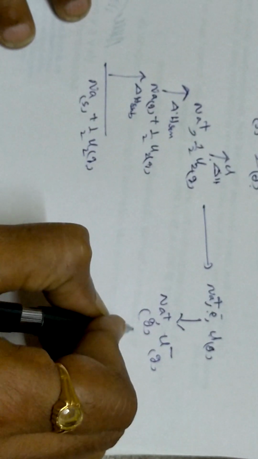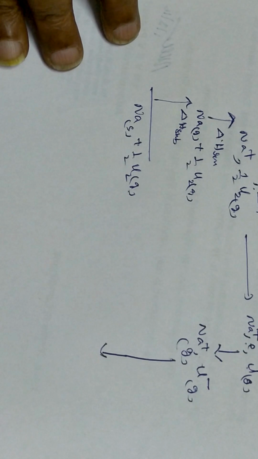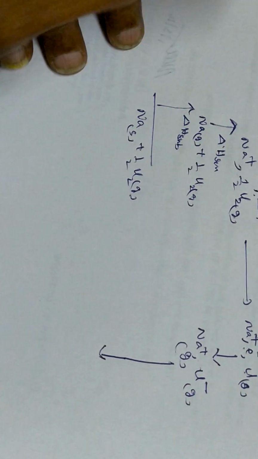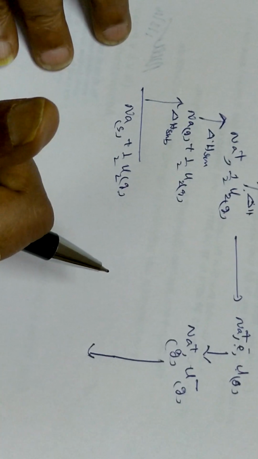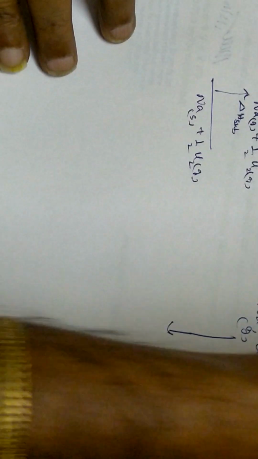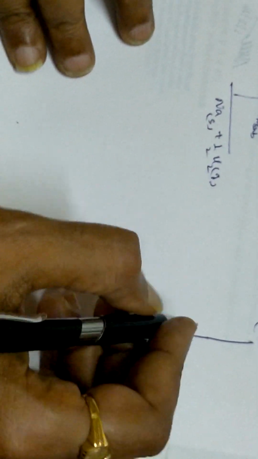Then both react, forming the lattice energy. Lattice energy cannot be found practically. It has to be calculated theoretically only. That is the reason we go by the Born-Haber cycle.